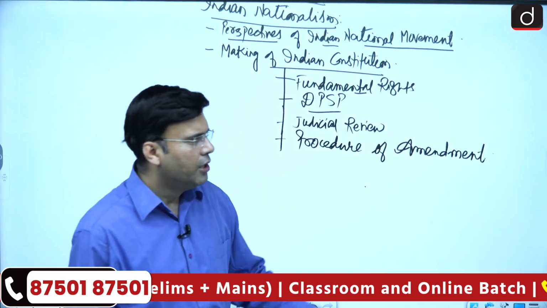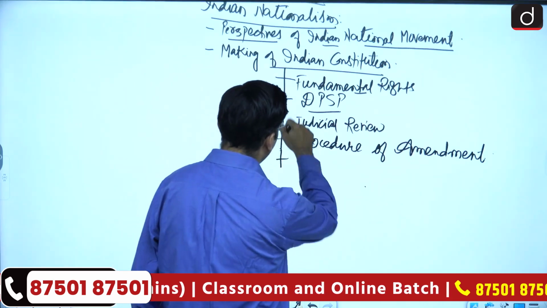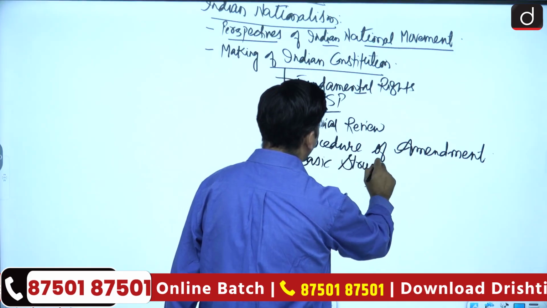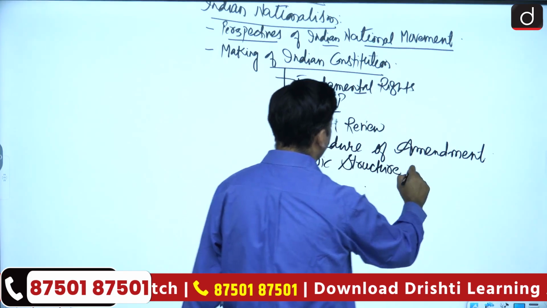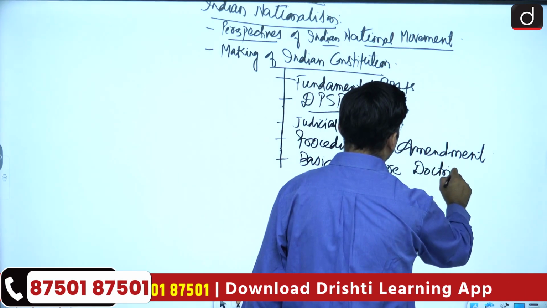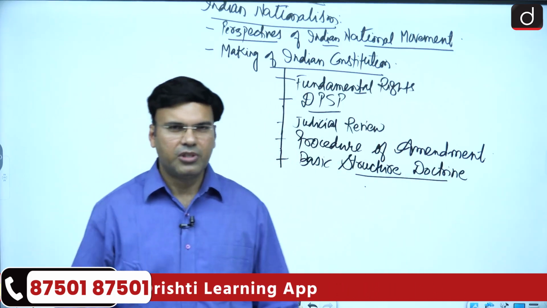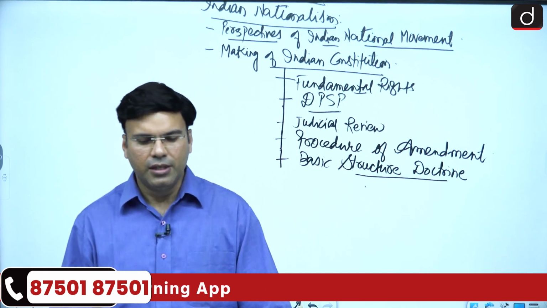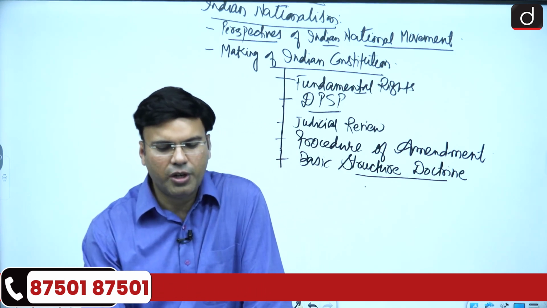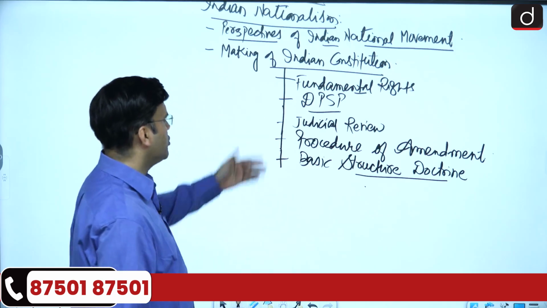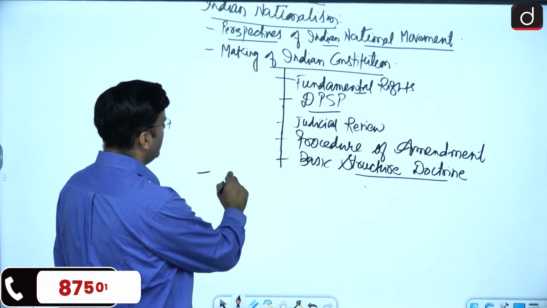Okay, and a very important theme that runs through it is the basic structure doctrine. If you will see the syllabus here, this is very, very close to the GS paper 2 and the themes that we'll be reading in GS paper 2 plus the prelims part of the preparation of Indian polity. Then once we have done this part, which is the IGP constitutional part, then we focus on the government.